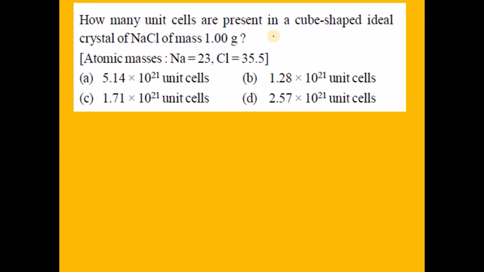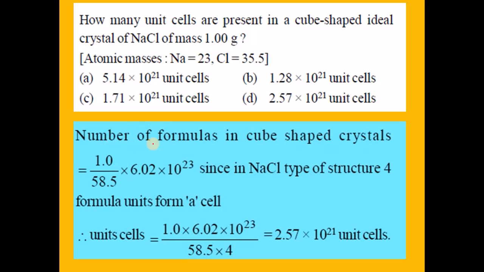Next question. How many unit cells are present in a cube-shaped ideal crystal of NaCl of mass 1 gram? Atomic mass of Na is 23, chlorine is 35.5. See here, the number of formula units in the cube-shaped crystal we can calculate from the number of moles of sodium chloride. The molecular mass is 58.5, and the mass given is 1 gram. So 1 by 58.5 is the moles, multiplied by the Avogadro number gives the number of formula units in the cube.